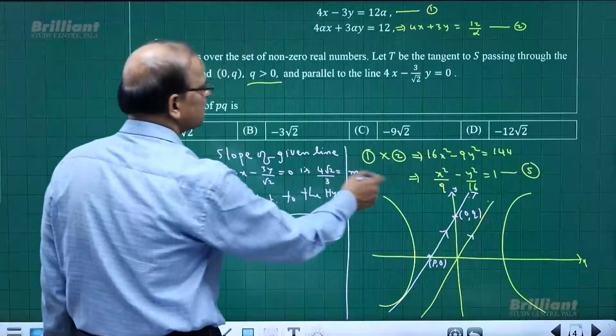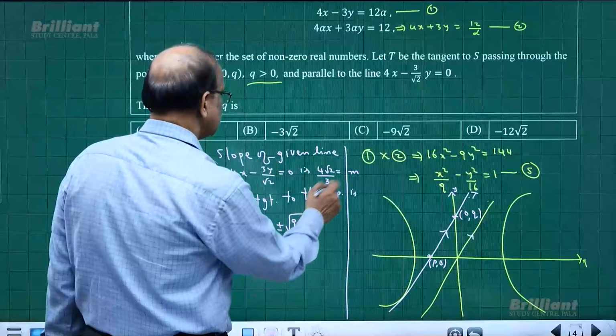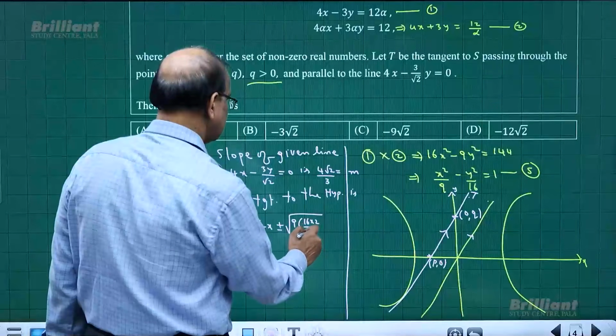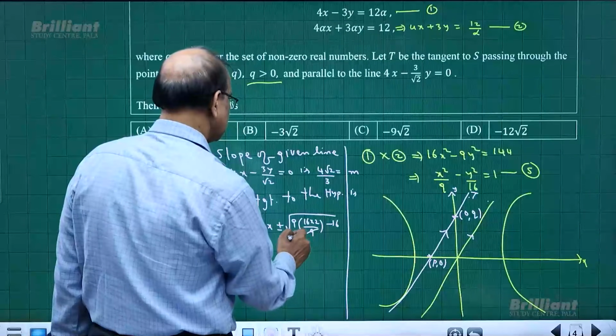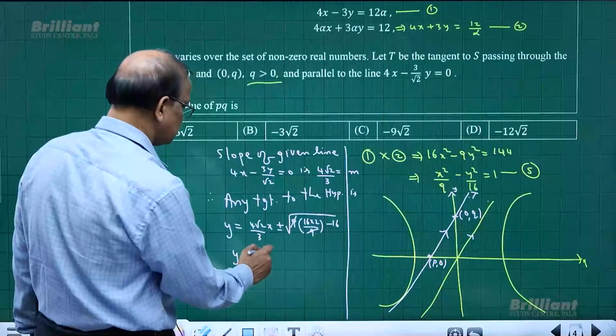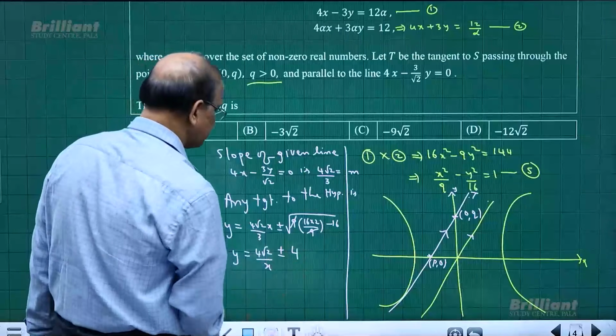A square is how much? 9. So a square m square is 16 into 2 by 9 times 9, minus b square which is 16. Cancel. So y is equal to 4 root 2 by 3 x plus minus root of 32 minus 16, which is 4.